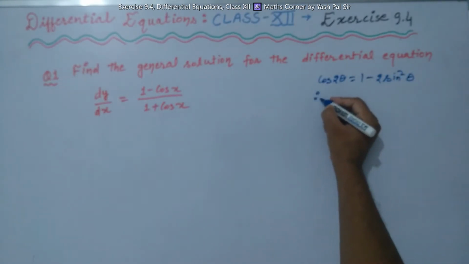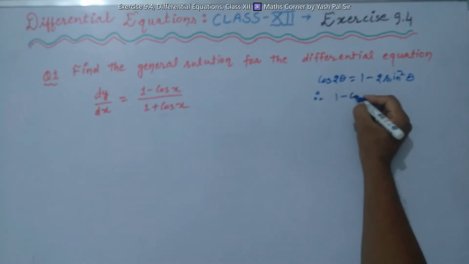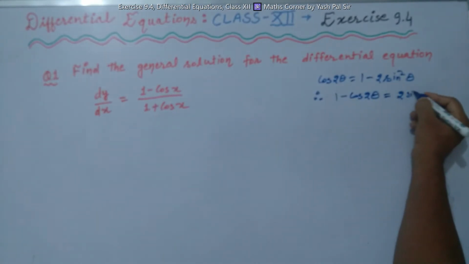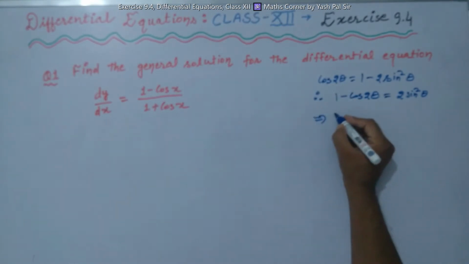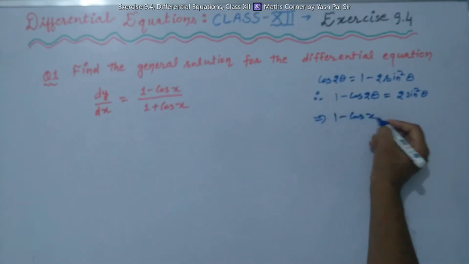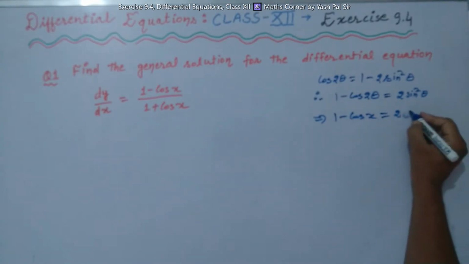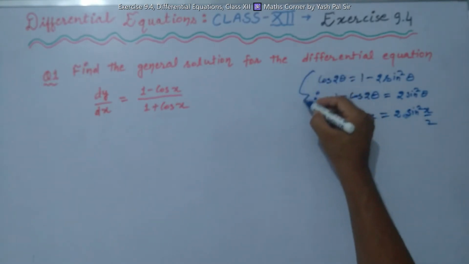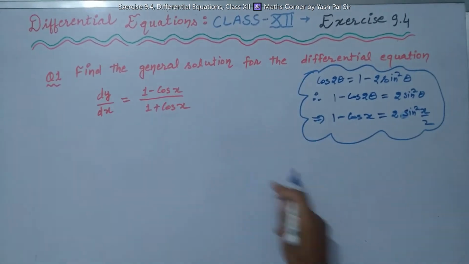So from this we can say 1 minus cos 2 theta is equal to 2 sine square of theta. Therefore 1 minus cos x will be equal to 2 sine square of x by 2. So this is what we are going to apply in the numerator.